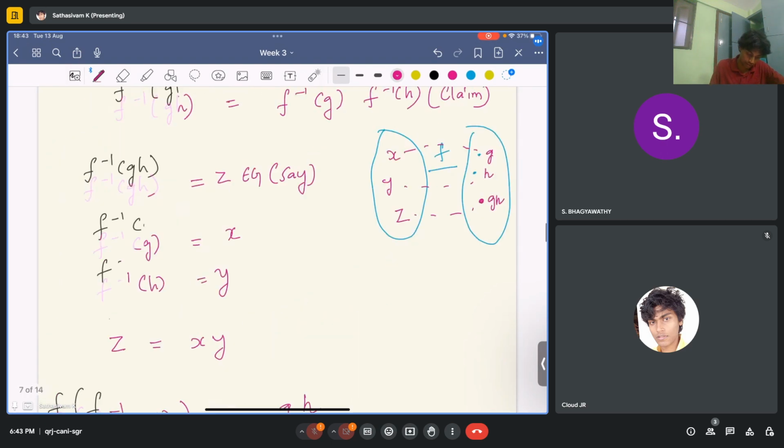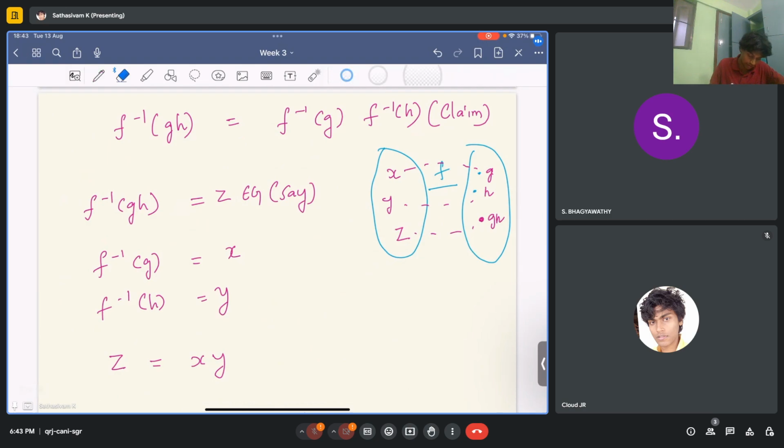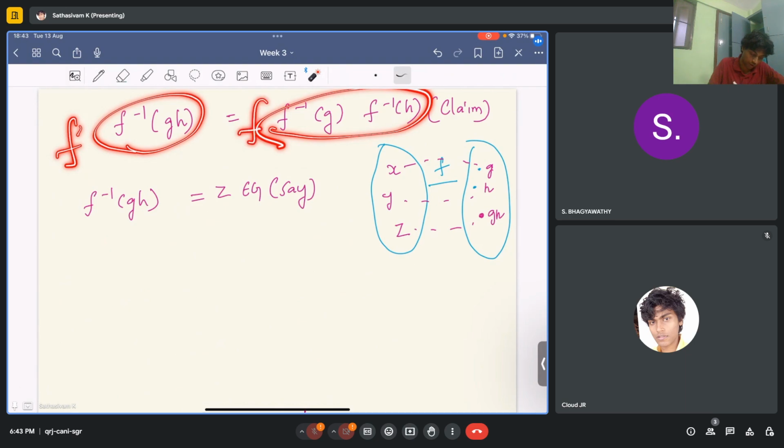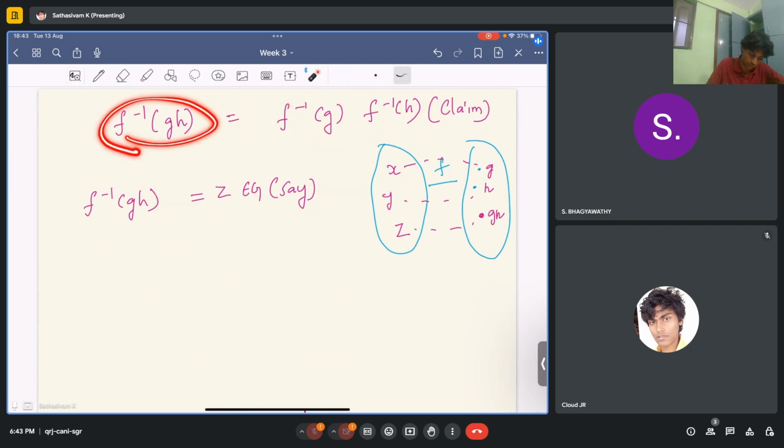So basically what we did is take these two elements and apply F on both sides. Both become GH. There are two elements here, and both go to GH, so these elements have to be the same. Why? Because F is an injective, one-to-one map.